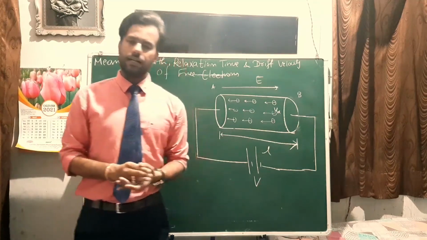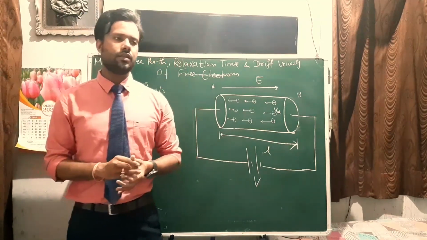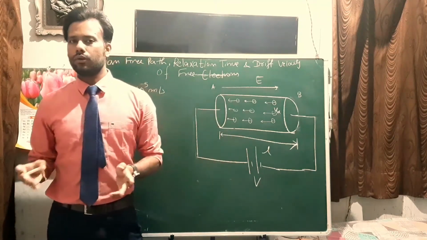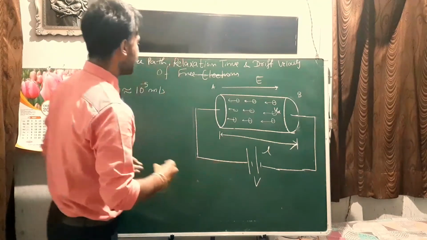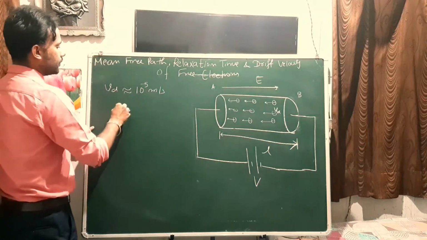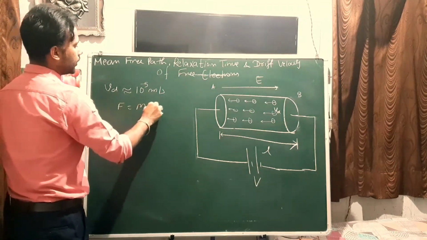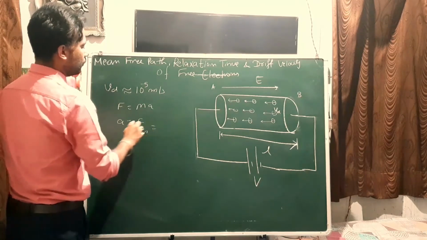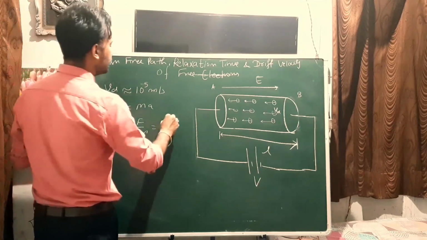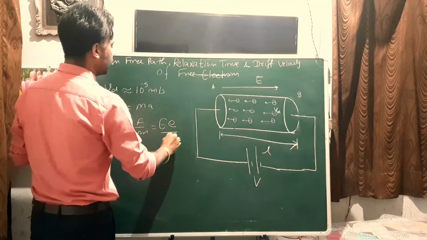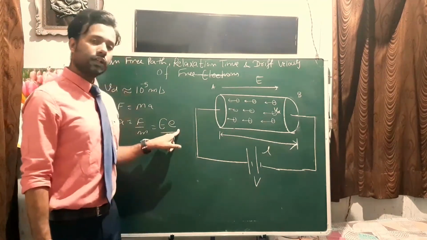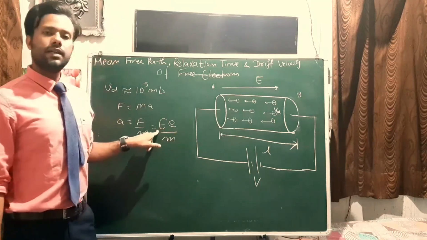Now some students ask, sir, is the motion of the electron after connecting the voltage accelerated or not? So let's find out. F equals ma, or a equals F upon m. What will be F? F will be eE, because F is basically QE. Q is e, the electron charge, and E is the electrical field.